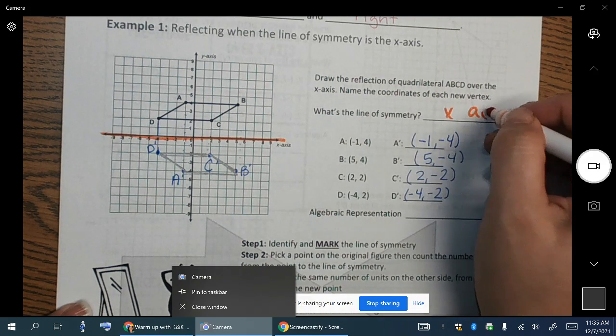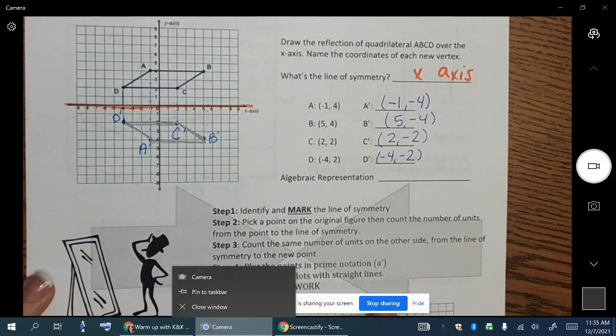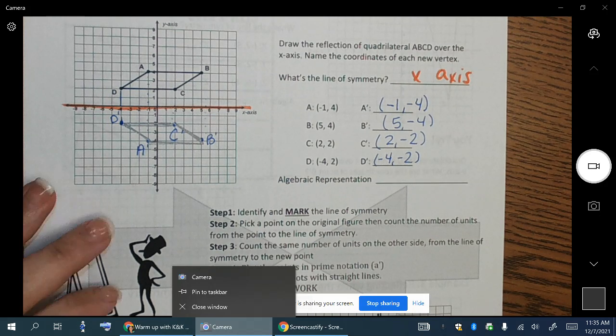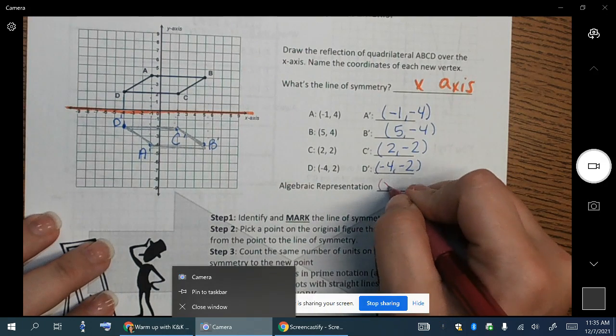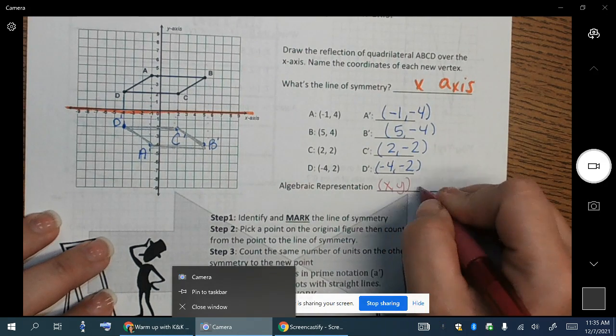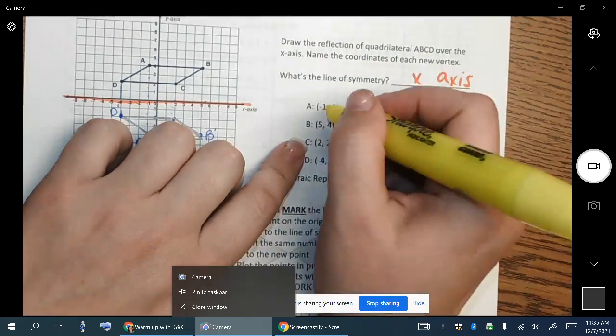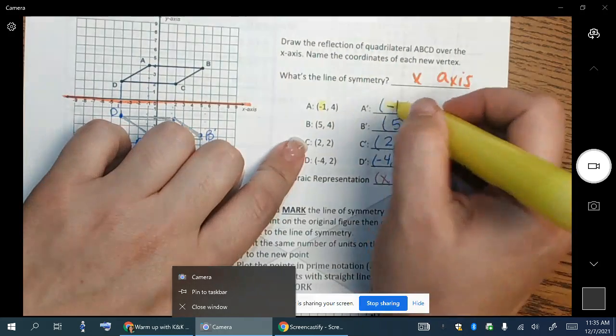Okay, so which line did we go over? The x-axis. So the algebra is going to be either one thing or the other. So it's not like you have to add or subtract or multiply on this. It's going to be very, very easy. What do we always start with for algebra? X, y. So let's look at our x numbers. It was -1, and on A prime, what is it? -1.